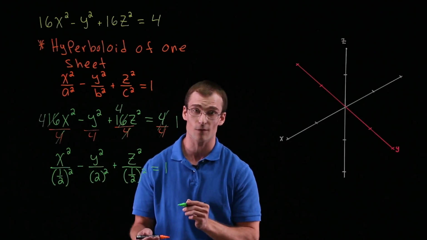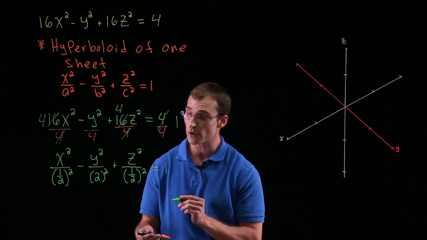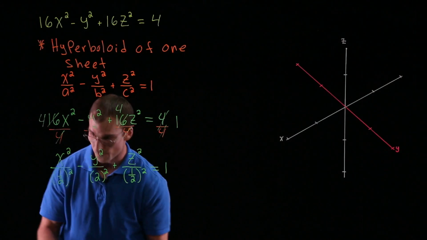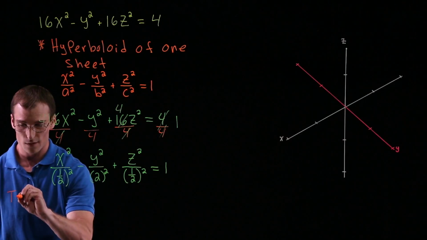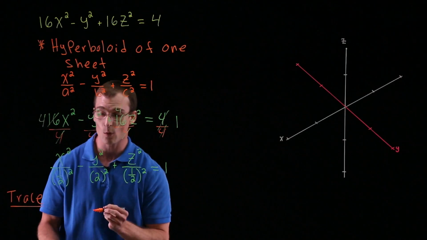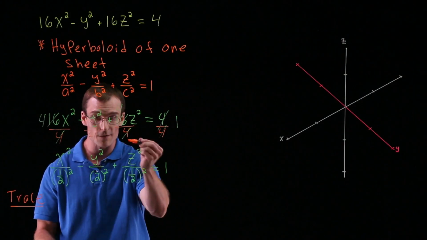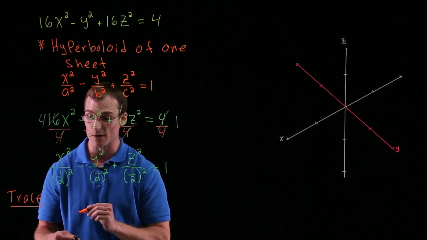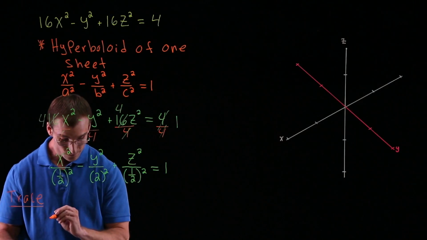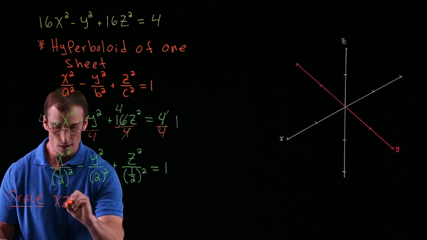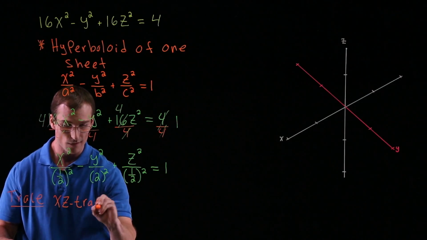Now how can we sketch this? Well, what we're going to look at is our traces. We're going to systematically drop out one of the variables and look at the curve that we would get in the plane of the remaining variables. So for example, to start with, let's look at our xz trace.